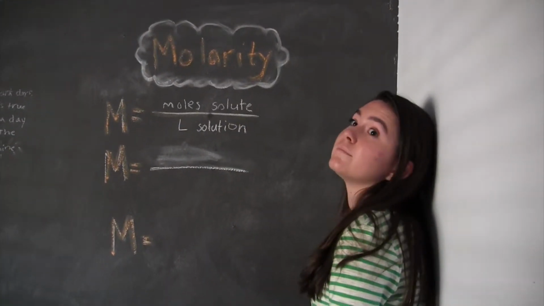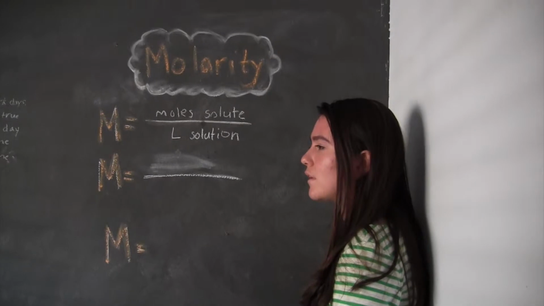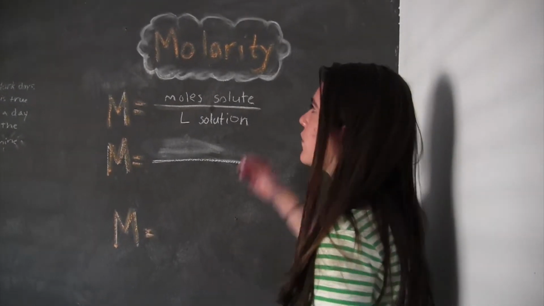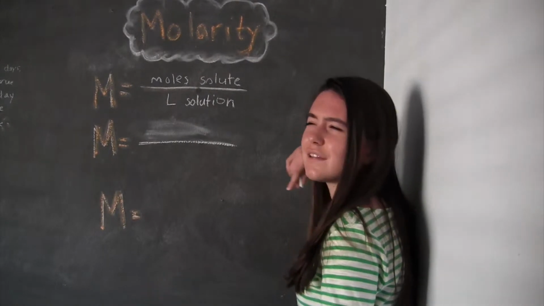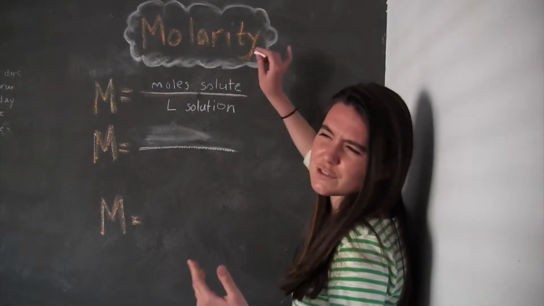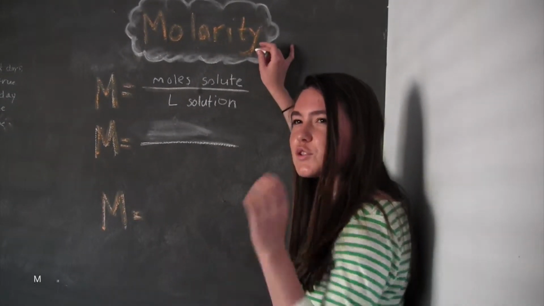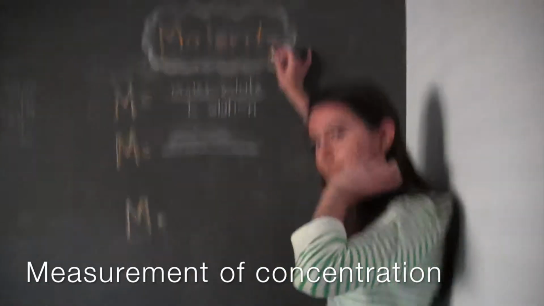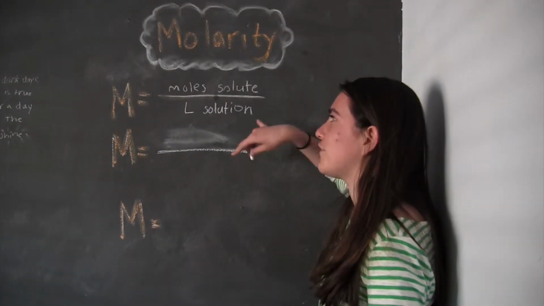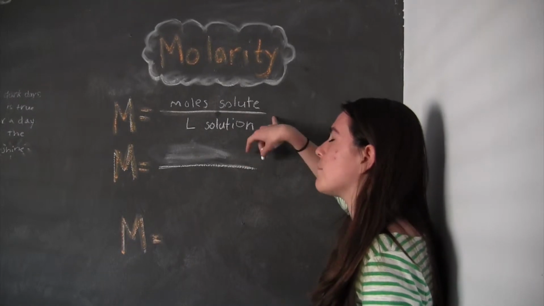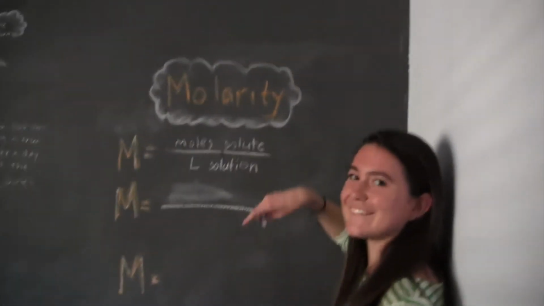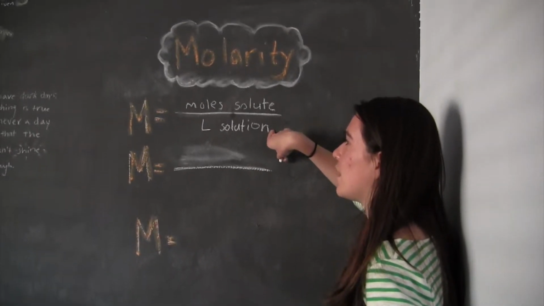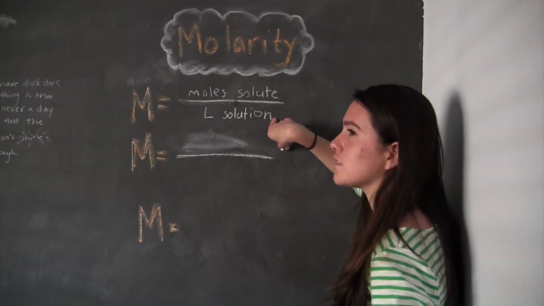So, Miss Hansen, can you please explain what molarity is? Yes, okay, so molarity measures the concentration of a solution. And you can find it by putting the moles of the solute over the liters of the solution.